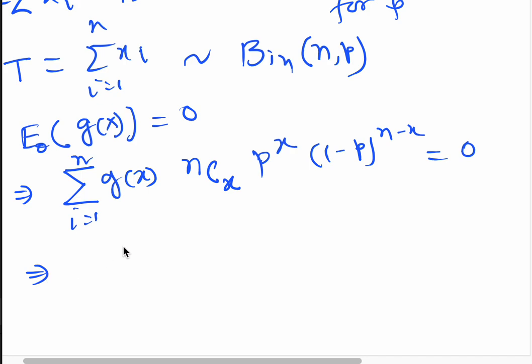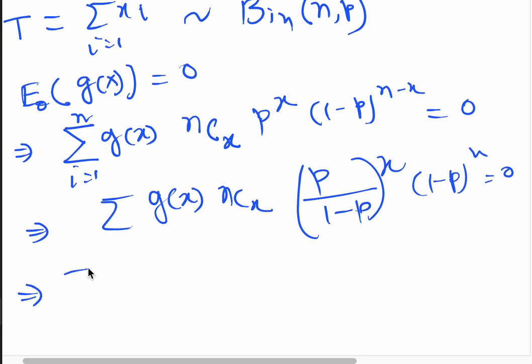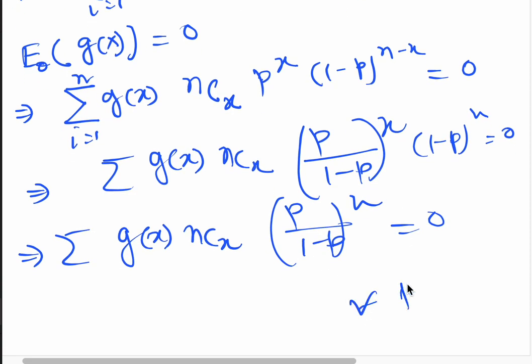So that gives summation of g(x) n C x (p by 1 minus p) to the power x equal to 0 for all p belongs to (0, 1).